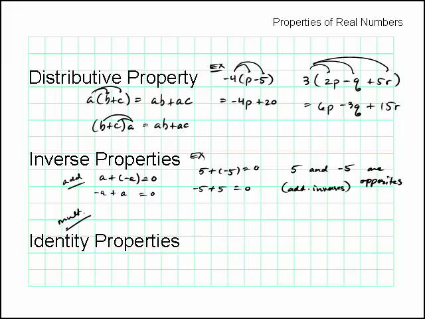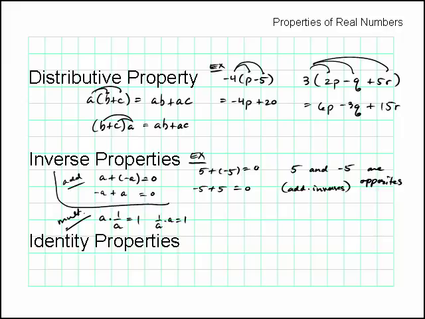There's my example. We also have inverse properties for multiplication. If we take a number a and we multiply it to its reciprocal, 1 over a, then we get back 1. 1 over a times a is also 1. Doesn't matter which way you do it.